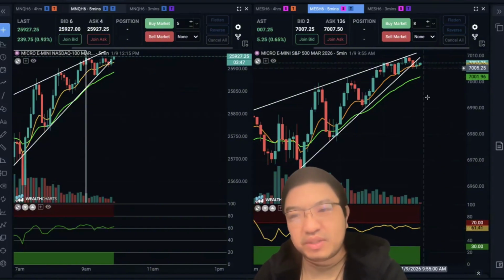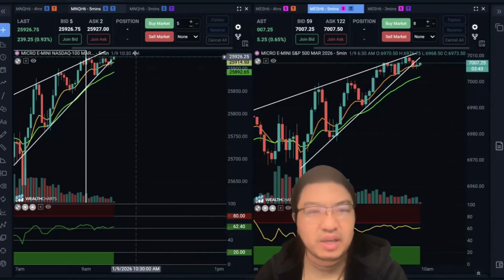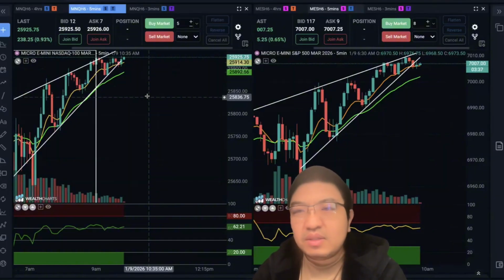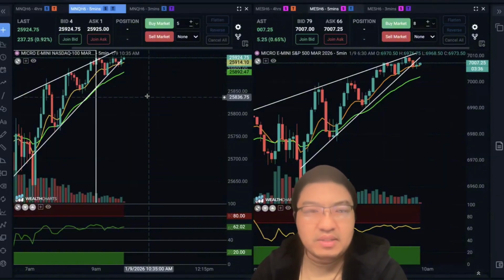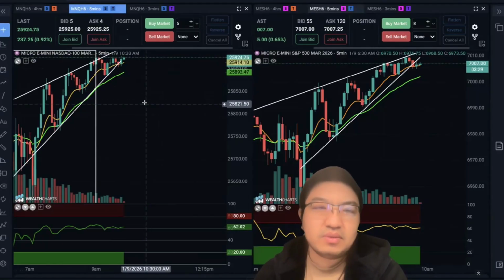If ES breaks to the downside, then I'll probably go short with NQ because that is more. Oh, it looks like it's going to break. It's going to break to the upside. Is that true? No. This is just a temptation.